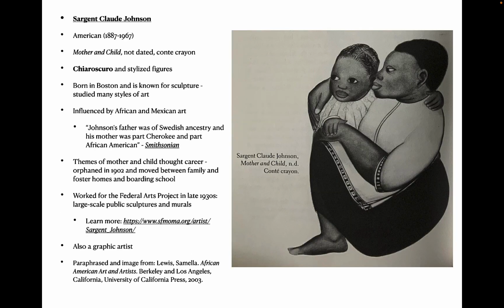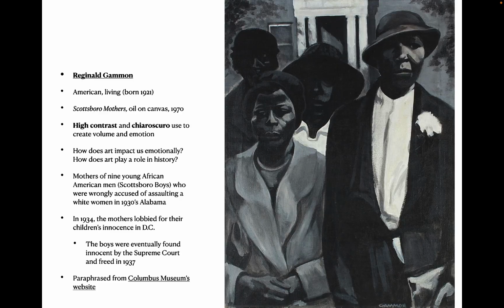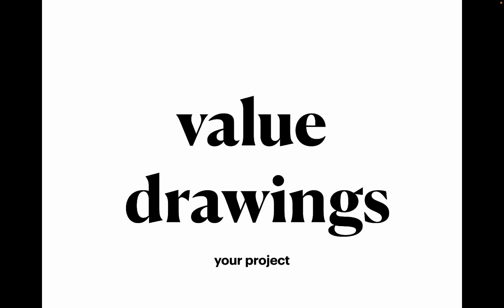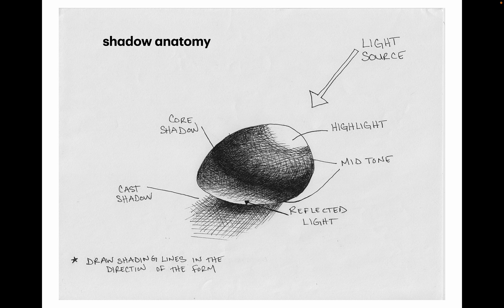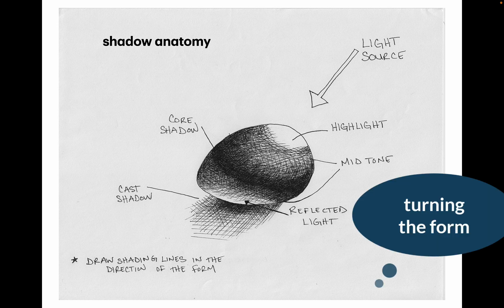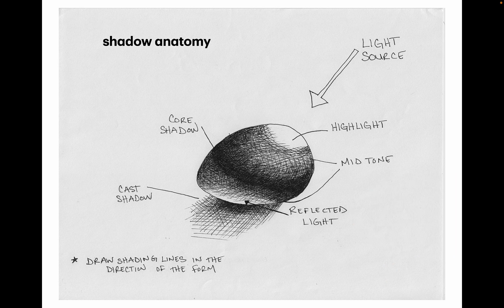So I think a lot of artists, if you want to make it look realistic, right, which is what we're doing, a lot of artists don't add that reflected light, and it could be a style choice, but I want you to think about how that can make it look, it's called turning the form, can make it look actually like it's turning in space and three-dimensional. Don't worry, I'm gonna show you how to do this in the next video.